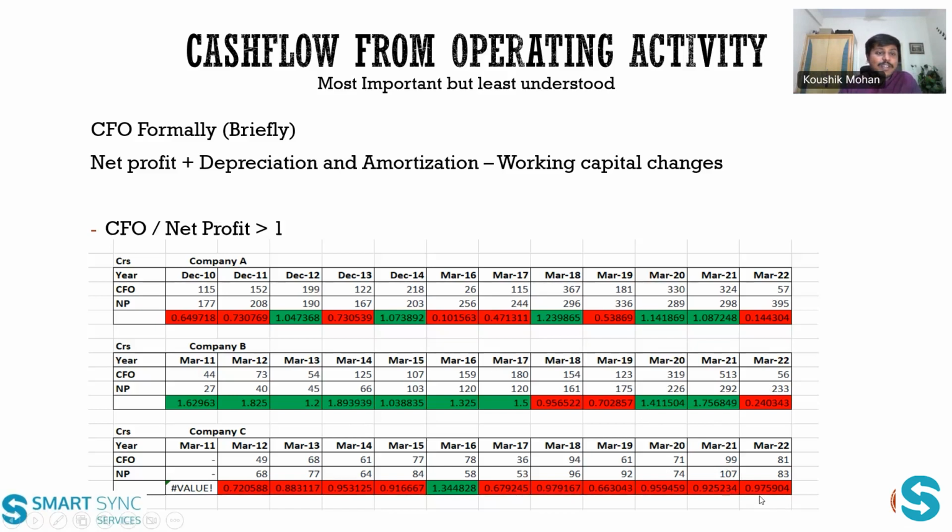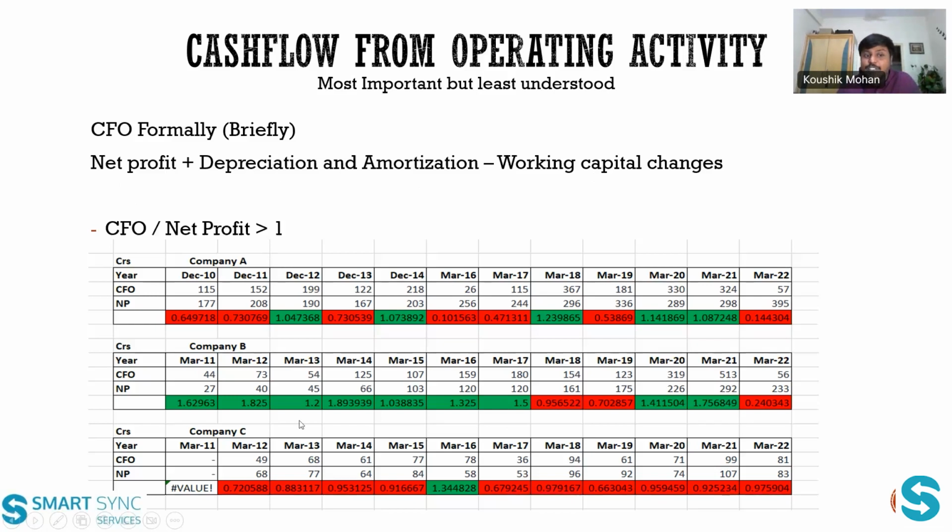So think very simply. Cash flow from operations is net profit plus depreciation minus working capital changes. When it is more than net profit, cash flow from operations greater than 1 is what the formula tells. We are adding some major amounts to that and only deducting some working capital changes.